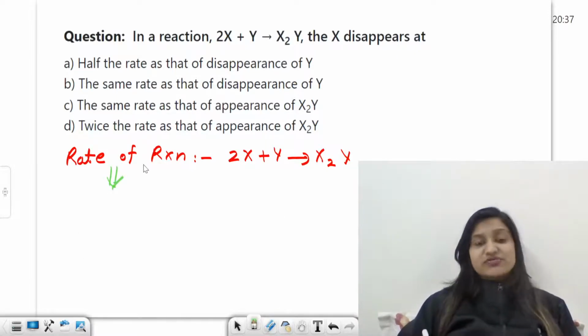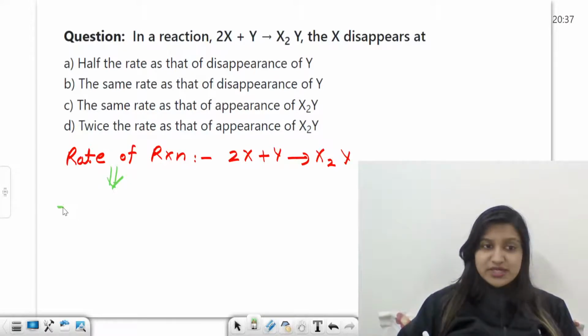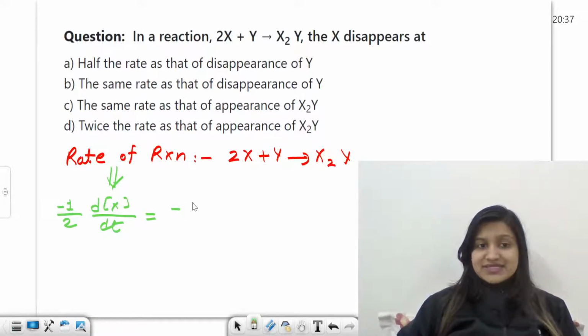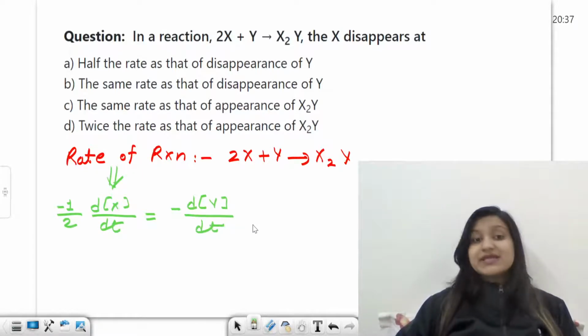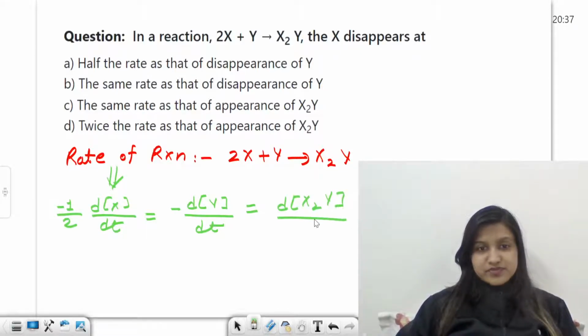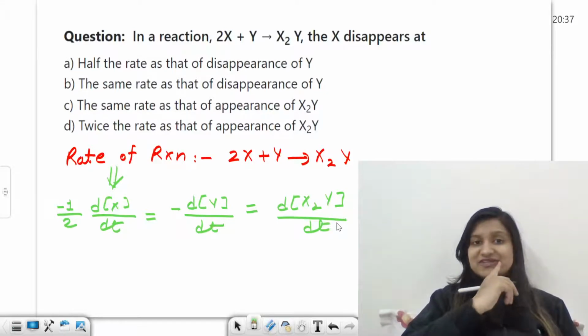So here the rate of reaction will come out to be minus 1 by 2 d[X] by dt, concentration of X over dt. Now this will be equal to minus d[Y] by dt, simply, correct? And now this will be equal to d[X2Y] by dt. This will be simply the rate of the reaction.